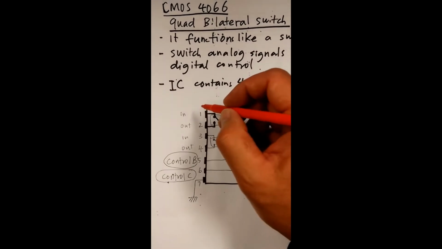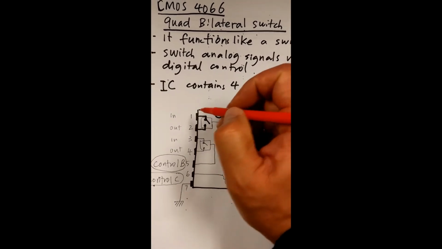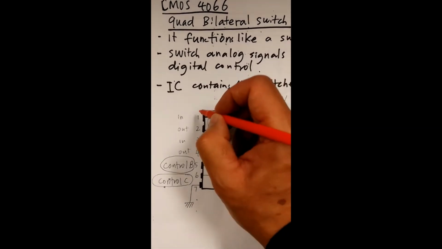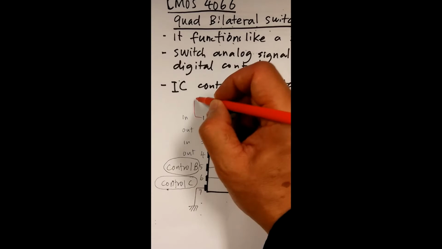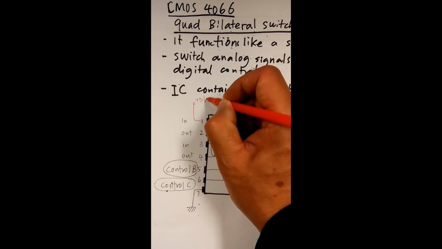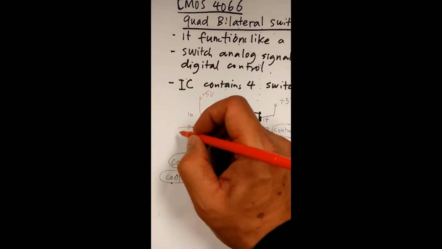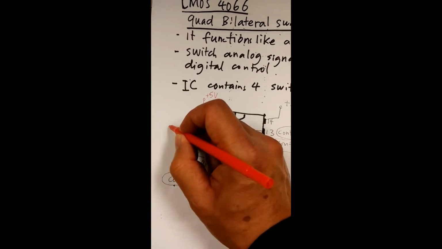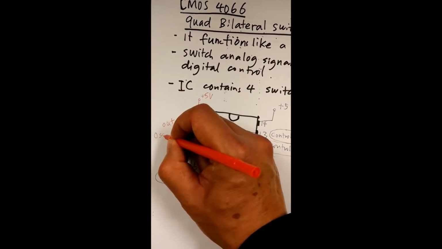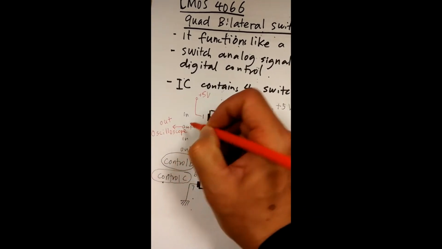For example, I'm going to use the first switch, which is pins 1 and 2, controlled by pin 13. For the input you can have, say, 5 volts, and the output goes to, let's say, the oscilloscope.